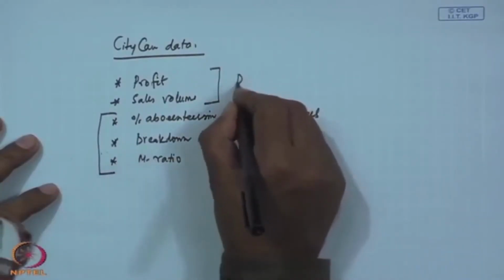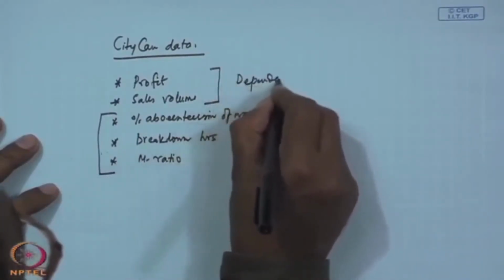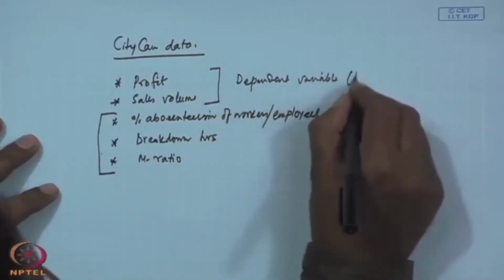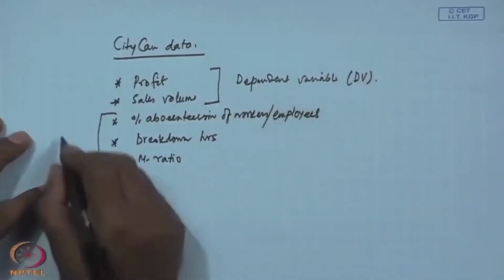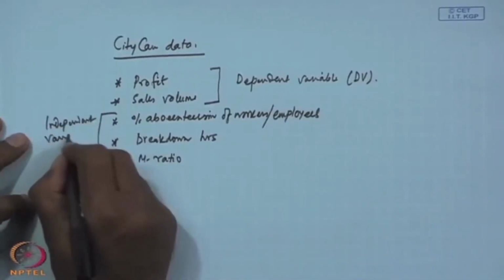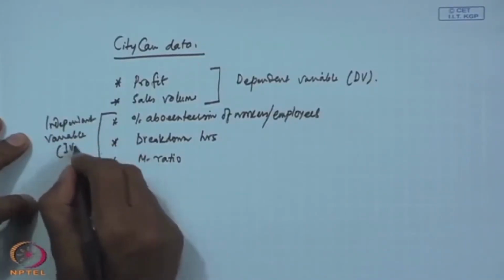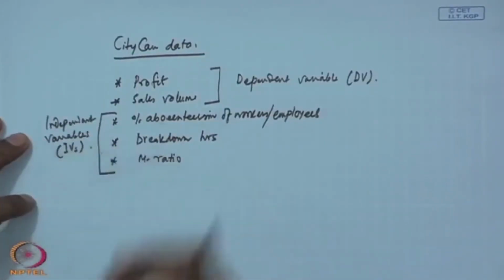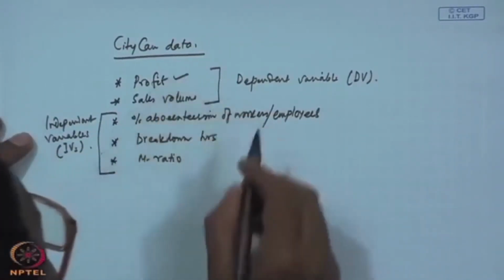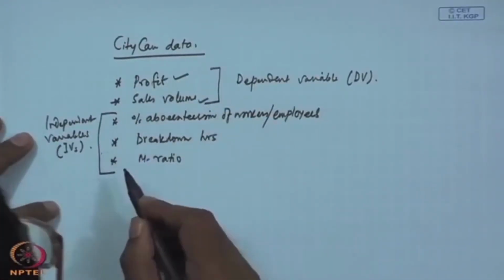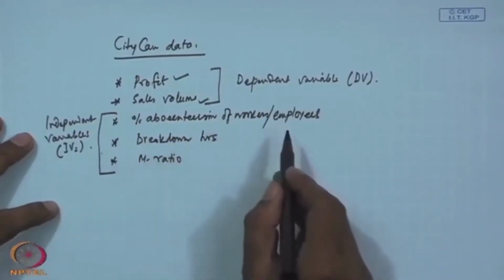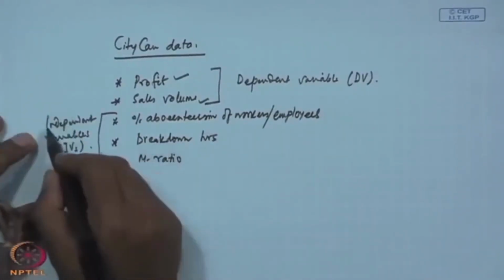One is called dependent variable DV, another set is known as independent variables, IVs. In this case profit is one dependent variable, sales volume is another dependent variable, and there are three independent variables: absenteeism, breakdown hours and M ratio.